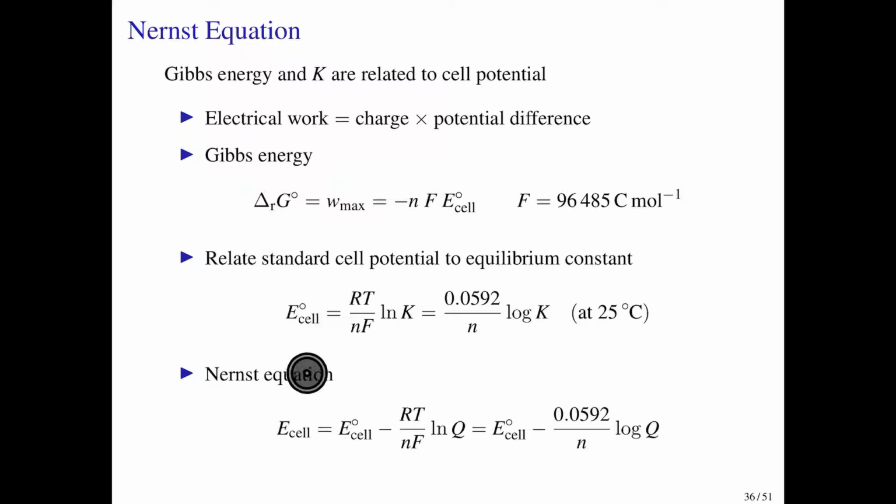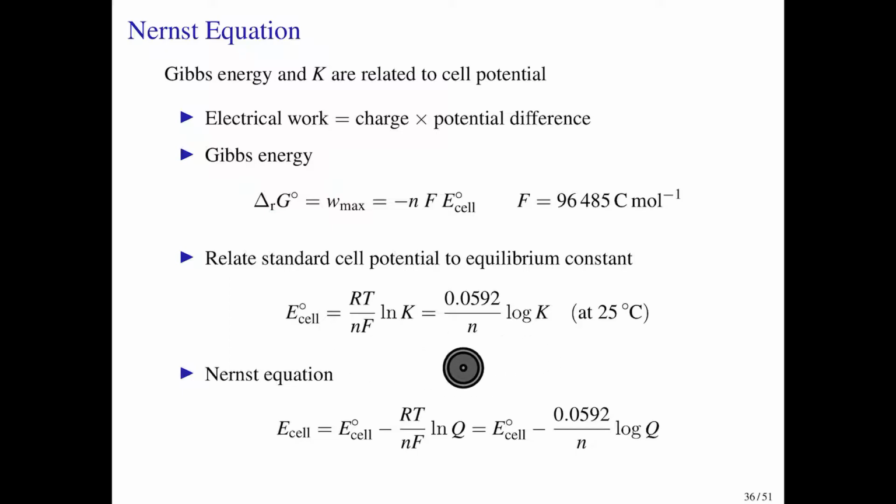Given the cell potential, you can calculate the equilibrium constant. R is the gas constant, and you would want to use the joules per mole per Kelvin version of the gas constant. T should be the temperature in Kelvin. N is the number of moles of electrons transferred, and F is that Faraday constant.